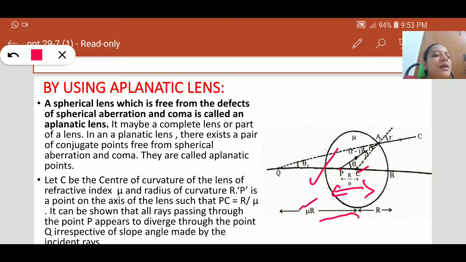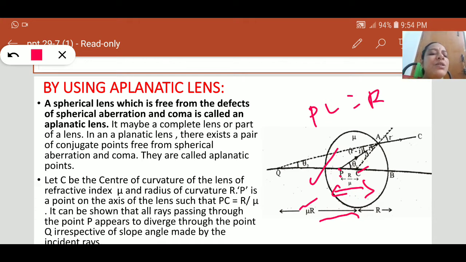PC is equal to capital R, the radius of curvature, and P is a point on the axis of the lens such that the object distance is R by mu.